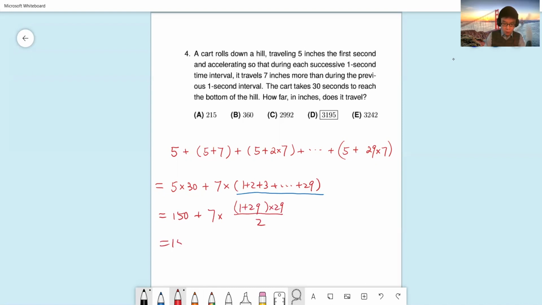So 150 plus 7 times 30 divided by 2, 15 times 29. So this gives the answer D, 3,195. The answer is D here.